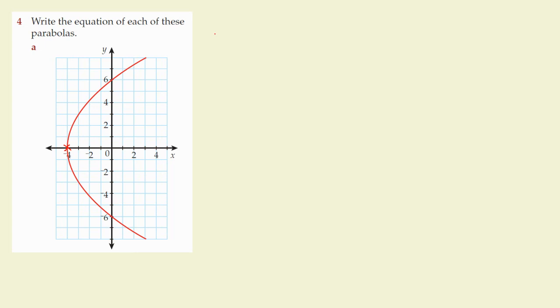So rather than y squared equals 4ax, because the x has been shifted, it's going to be 4a(x minus -4), so it's a +4, isn't it?